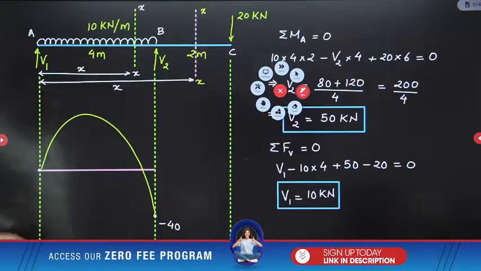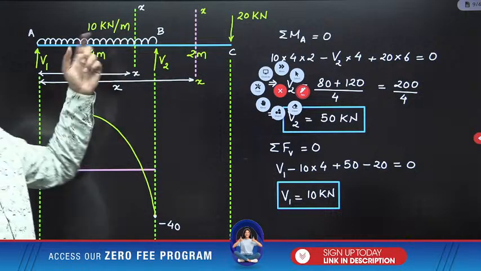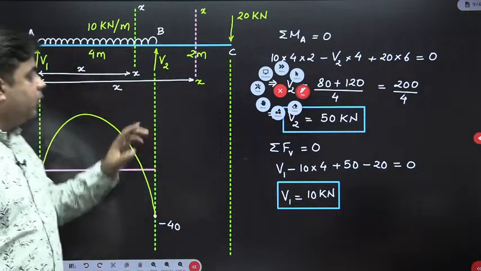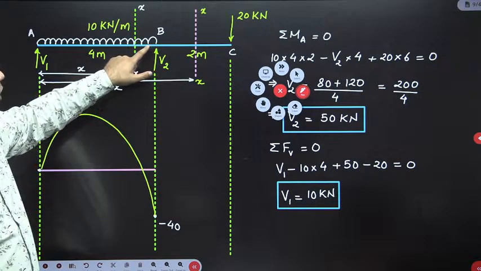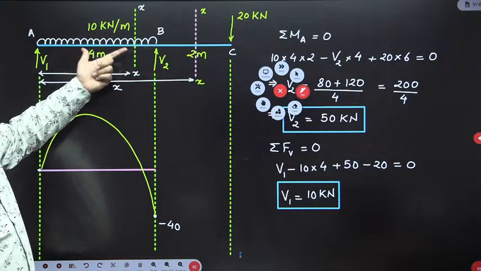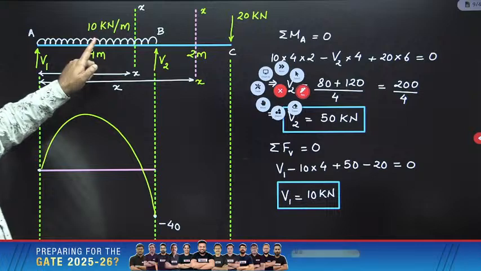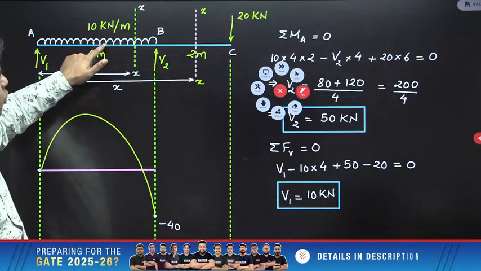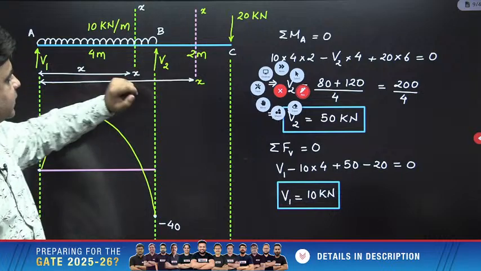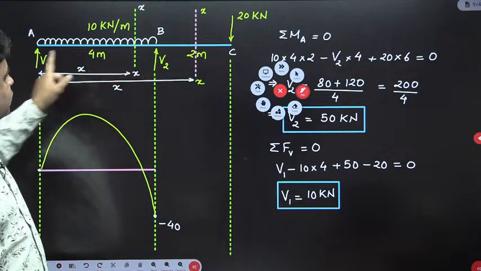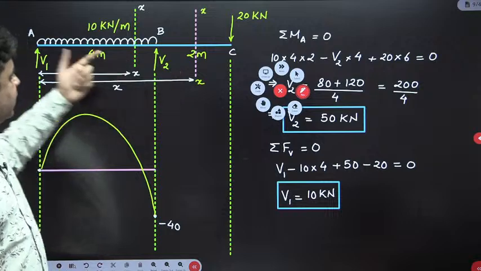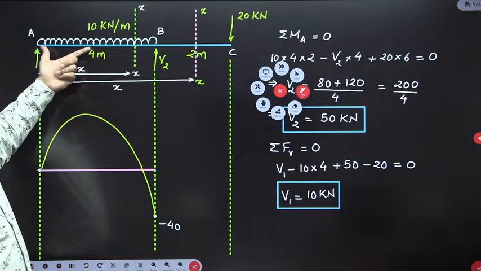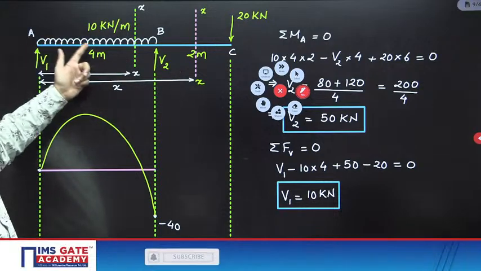Second moment will be the moment due to UDL. Now this time it is tricky. Moment due to UDL will be equal to 10 into 4, which is the total load, multiplied by the lever arm. So what is the lever arm? Distance between CG of this load and this section XX. The total length is X, and the distance between CG of this UDL and point A is 2 meters.